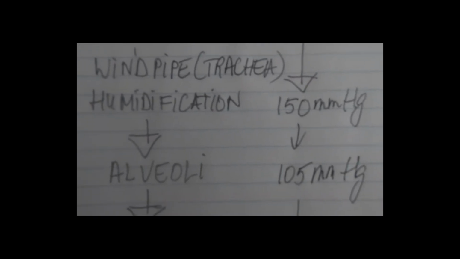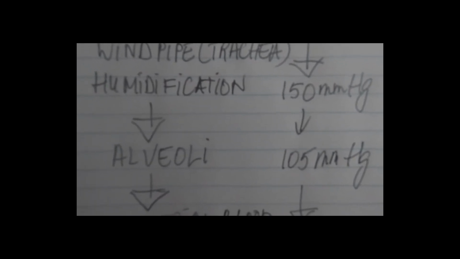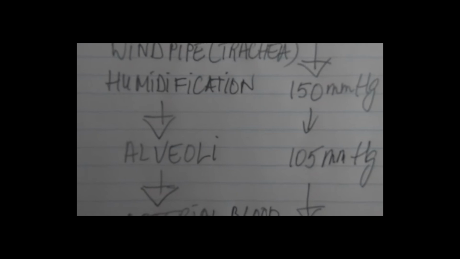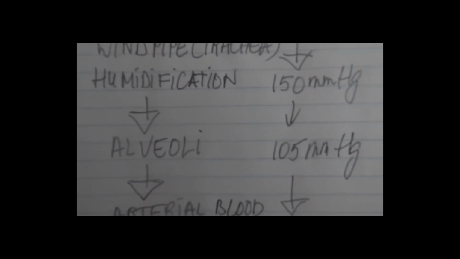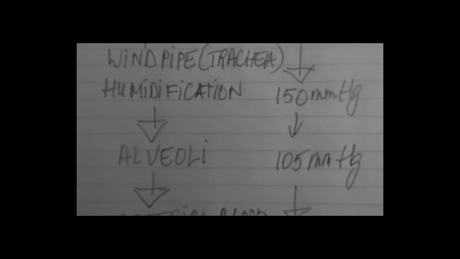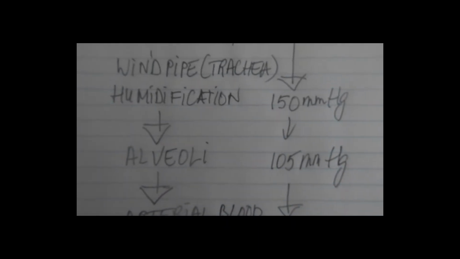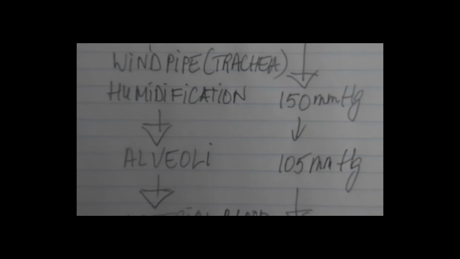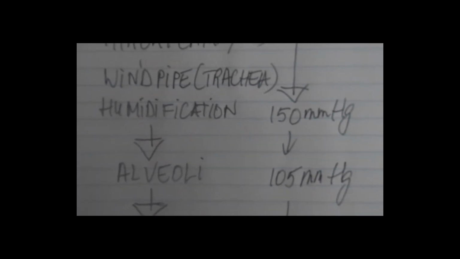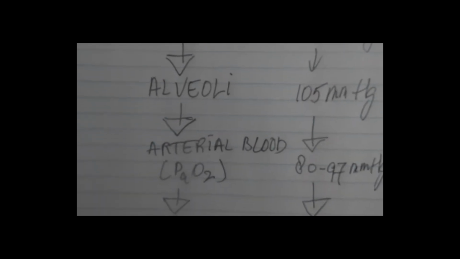Then if we go further down to the alveoli via the main bronchus and the bronchioles, we end up in the alveolar sacs, and the pressure now has dropped to 105 because of the admixture of other gases. That 105 is the driving pressure gradient to push oxygen from a higher pressure to a lower pressure. Your venous blood is low in oxygen, and therefore your blood starts oxygenating.